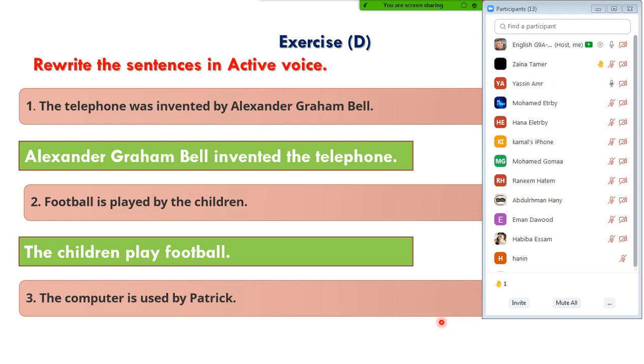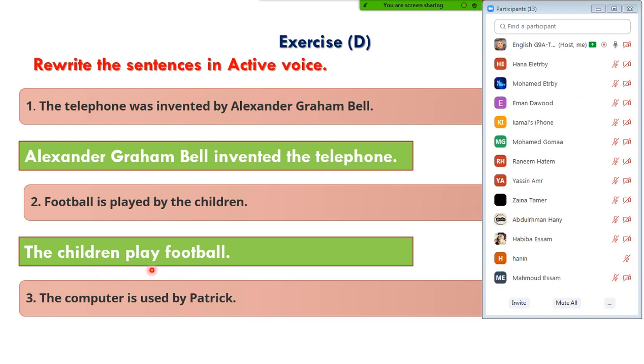Because the children, it doesn't make sense if you add s. Can I say, miss, the children play football, which means all the children play football. You can't put s. Thank you very much. So because children here is plural, it's not singular to add s. So this is how the present simple works with a plural word. Thank you, Yasin.